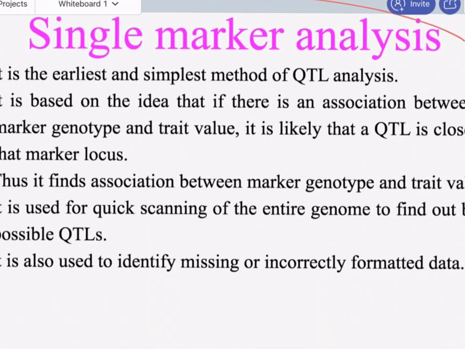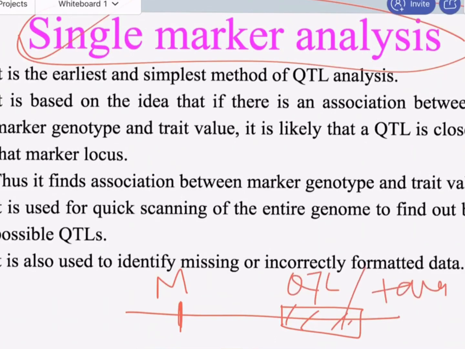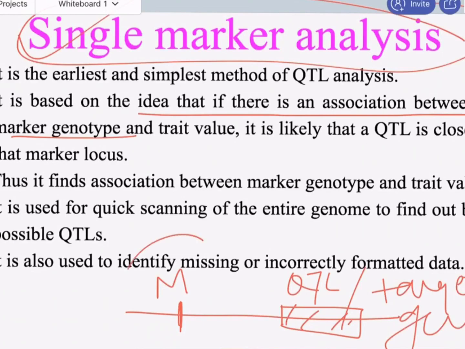Now, let's come to the first type of QTL analysis. First is single marker analysis. In this analysis, there is a chromosome, there is a marker, and only one QTL or target gene. This analysis is based on the association between the marker genotype and the trait value.